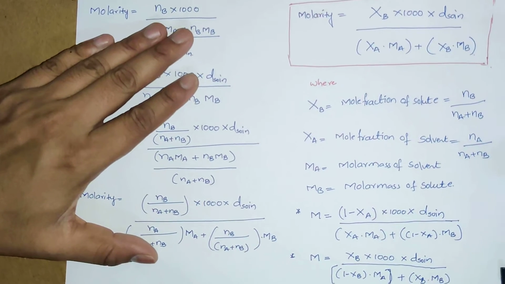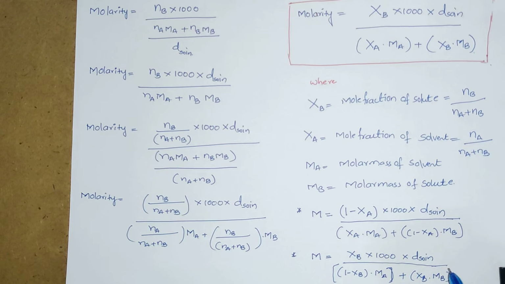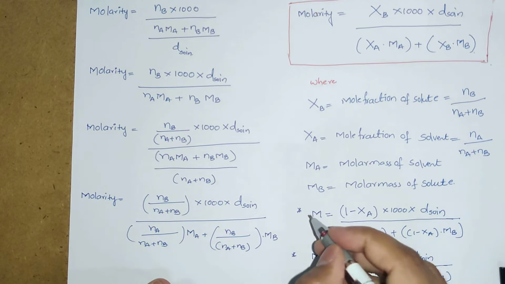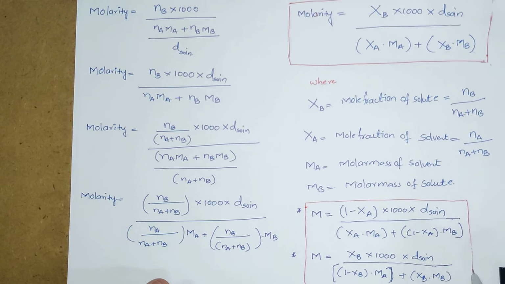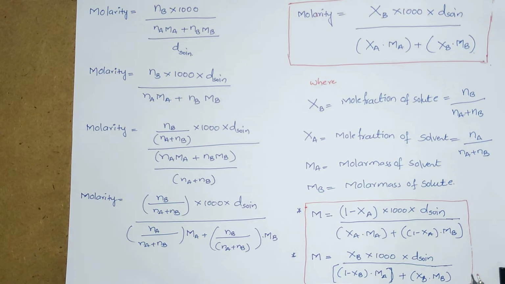So these two are other important relations. We can express the molarity in terms of any one of the mole fractions. Since XA plus XB is equal to 1, XB is equal to 1 minus XA, and XA is equal to 1 minus XB. So it is possible to express it in terms of any one of the mole fractions of the components. So this is the relation between molarity and mole fraction of components.